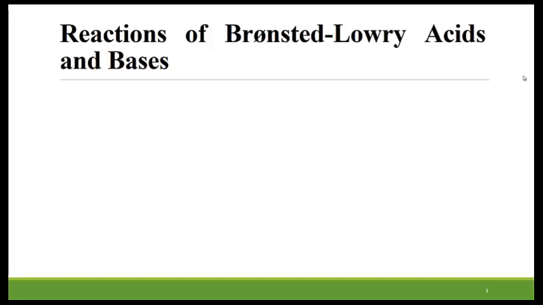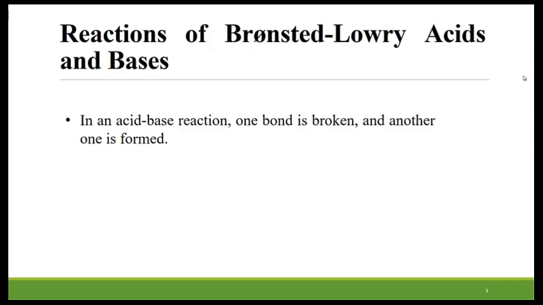Now remember we talked about Bronsted-Lowry acids and bases, which said that an acid is anything that donates a proton, and a base is anything that accepts it. In any reaction, acid-base reactions aren't any exception, we see that one bond is broken and another bond is formed. We're seeing a hydrogen removed when a bond breaks, and then it attaches on the other side.